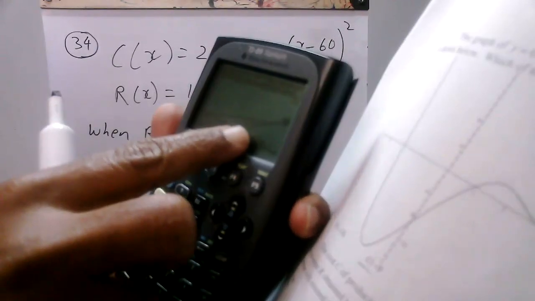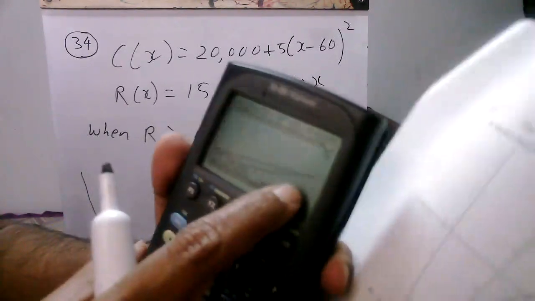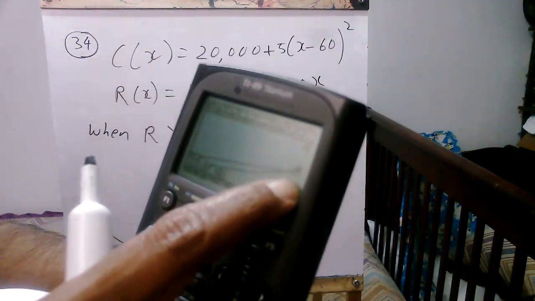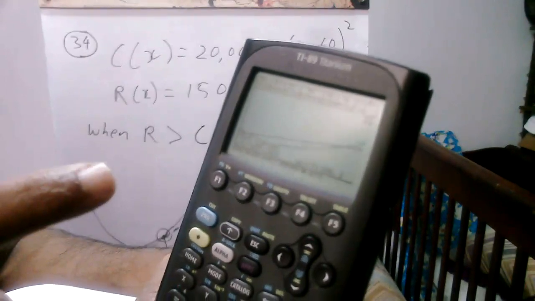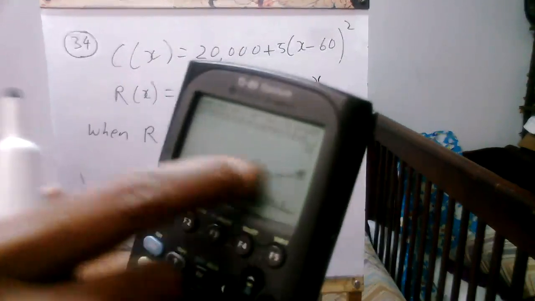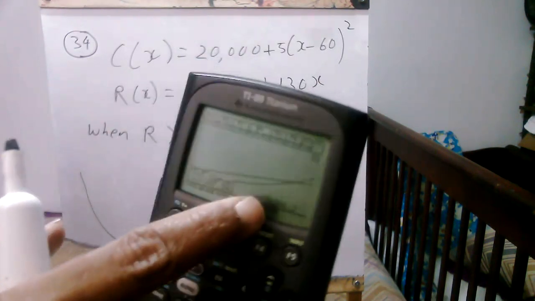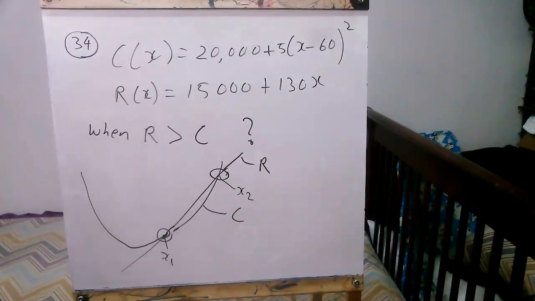It's asking you to place this cursor point. First place it on the first graph, then put it on the second graph. Then it's asking you for the lower bound, which means move it a little bit below the intersection point, then move it a little bit above the intersection point, right? Then it will give you the x value corresponding to that intersection point, right?